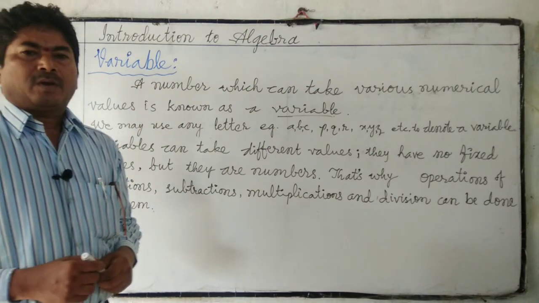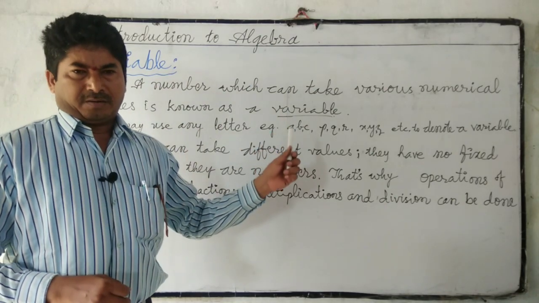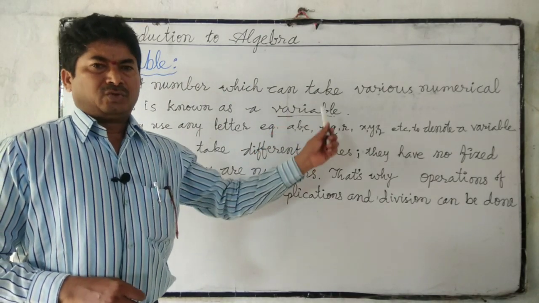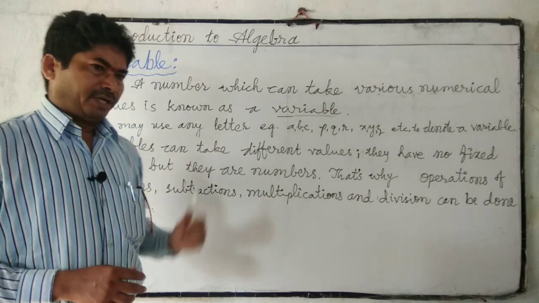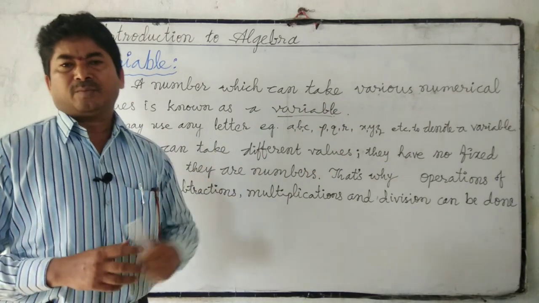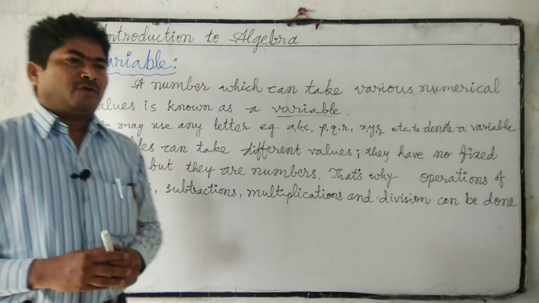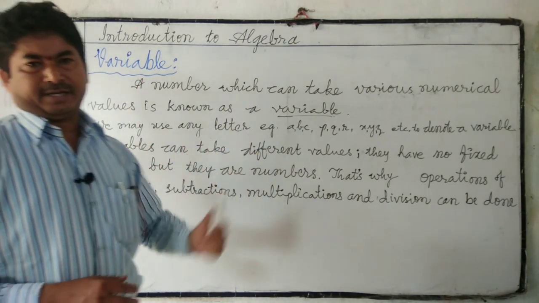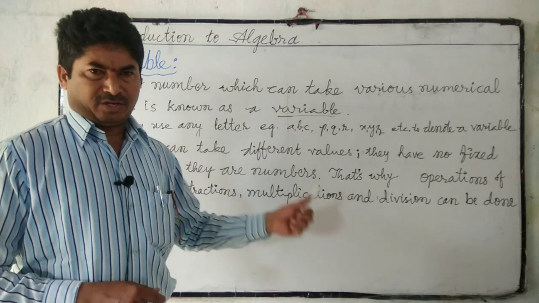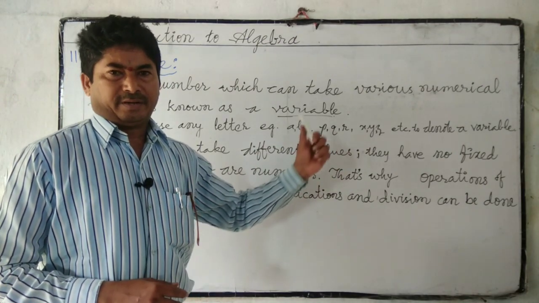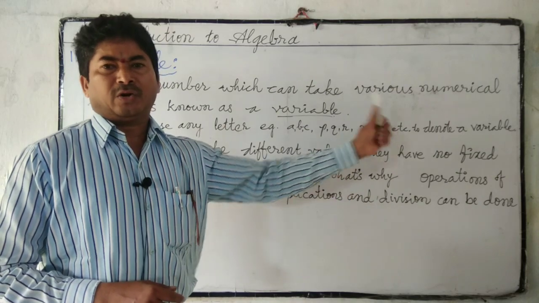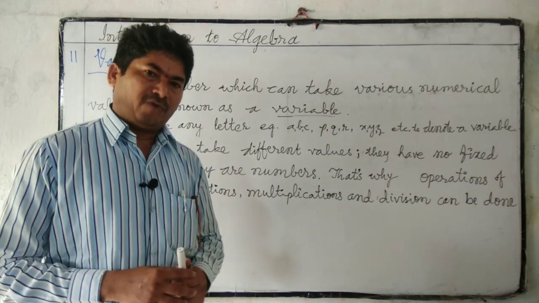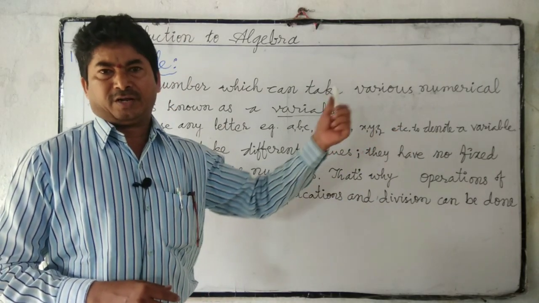Variable. A quantity that can take various numerical values is known as a variable. We may use any letter, for example A, B, C, P, Q, R, X, Y, Z, etc., to denote a variable.